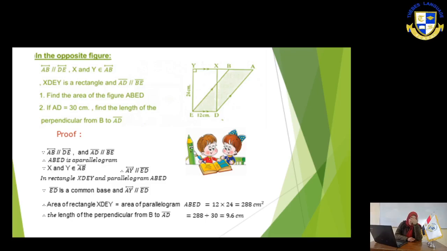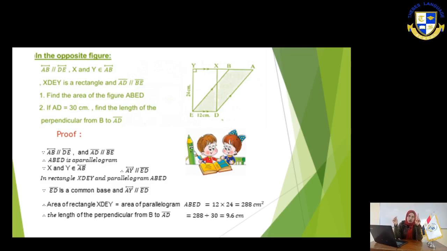As we see, AB is parallel to DE and AD is parallel to BE, so ABED is a parallelogram. X and Y belong to straight line AB. In the rectangle XDEY and the parallelogram ABED, ED is a common base, and AY is parallel to ED.